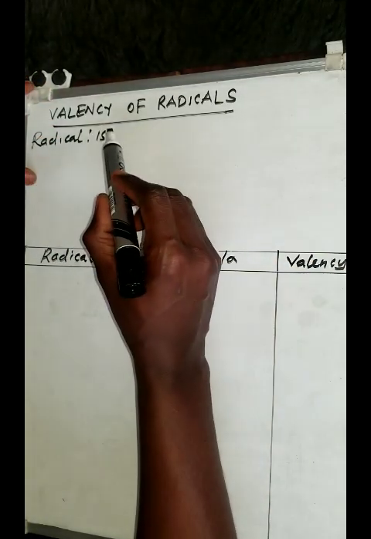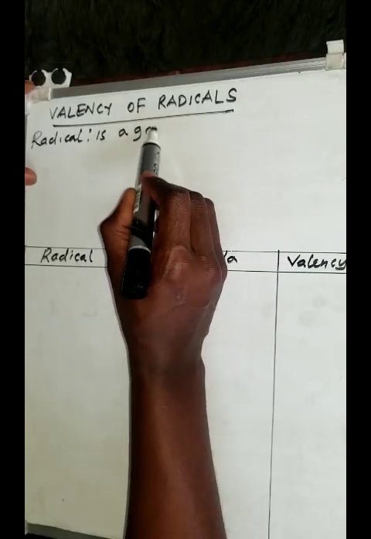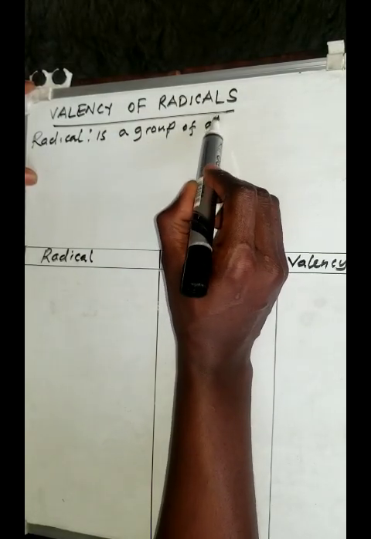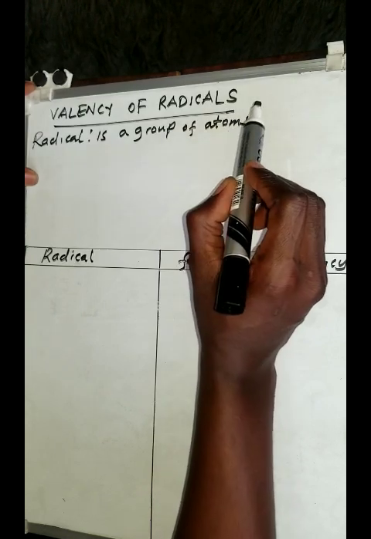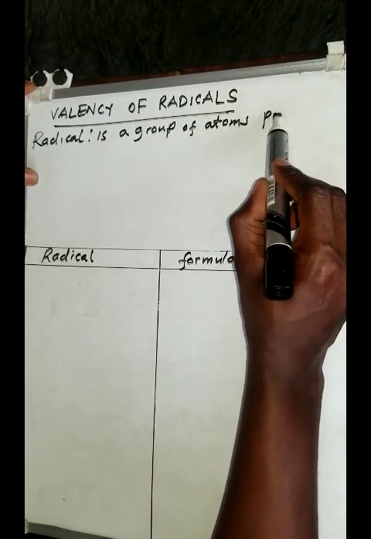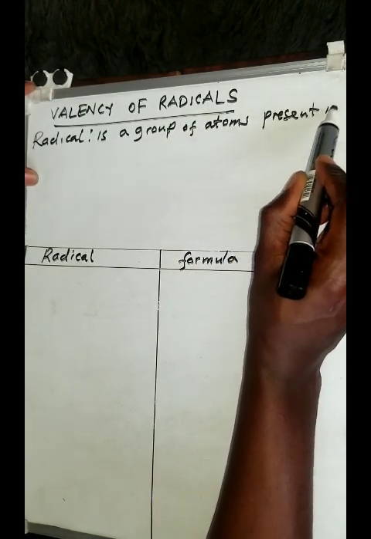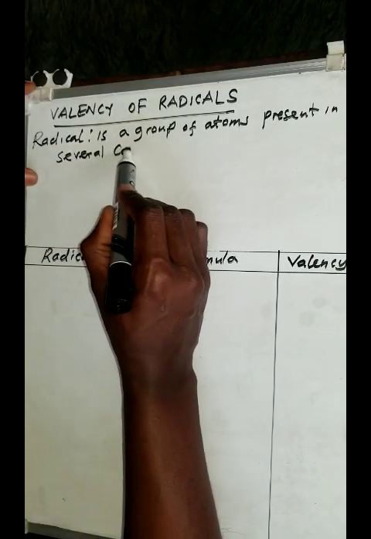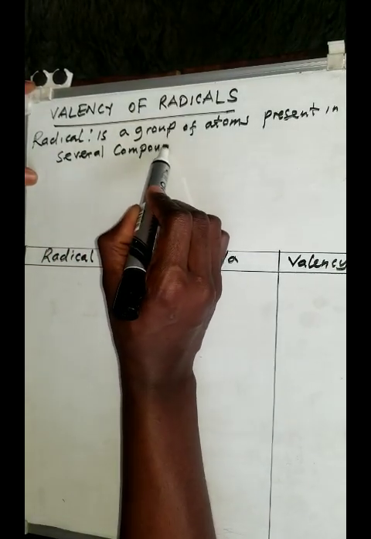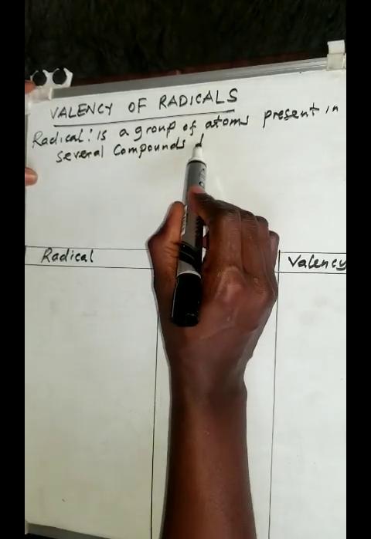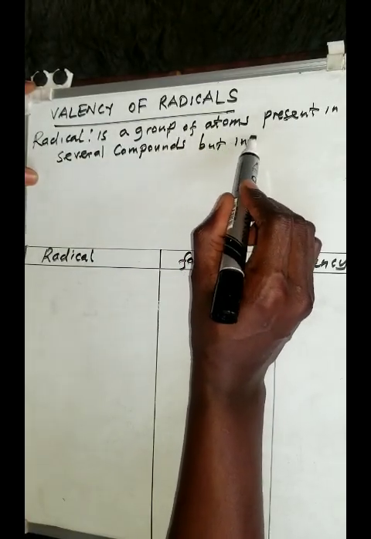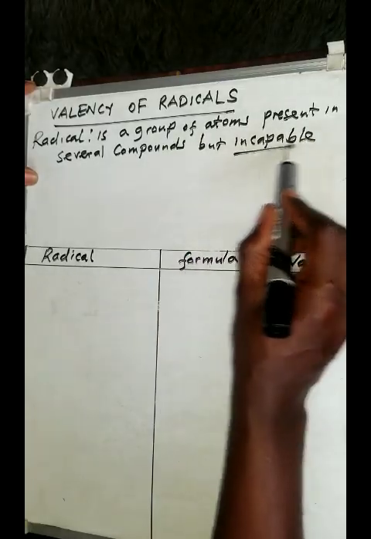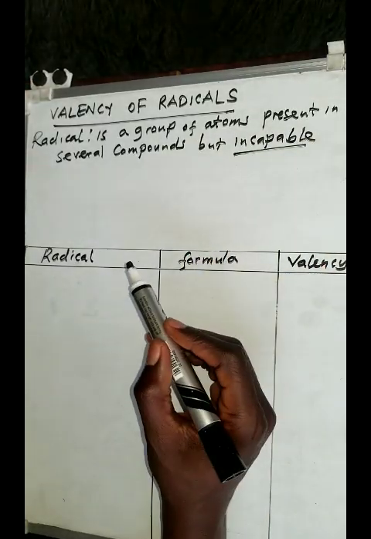So we can say a radical is a group of atoms present in several compounds, but incapable. When we use the word incapable, we mean they are unable to exist on their own.